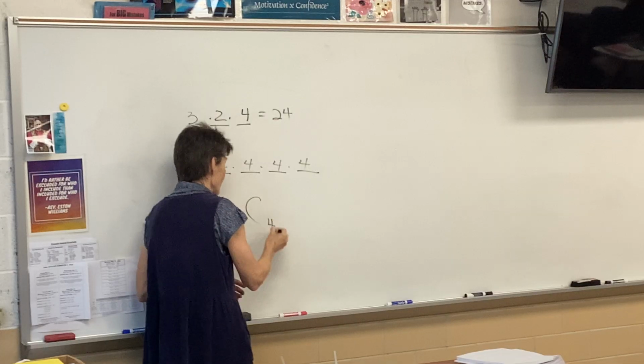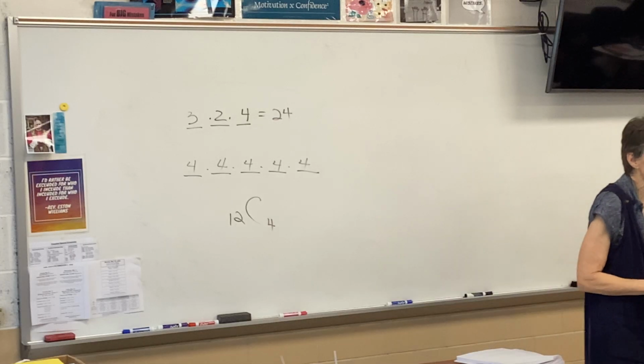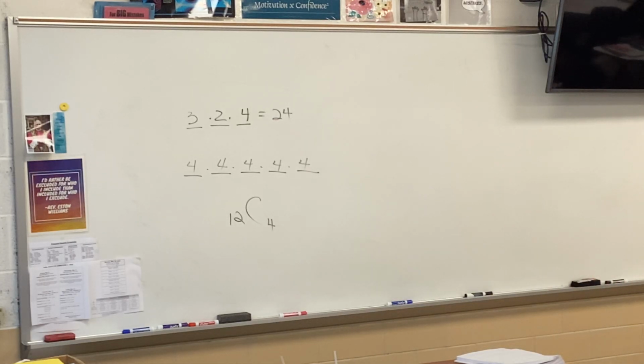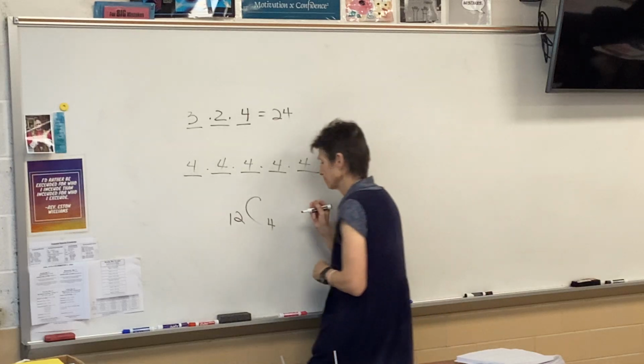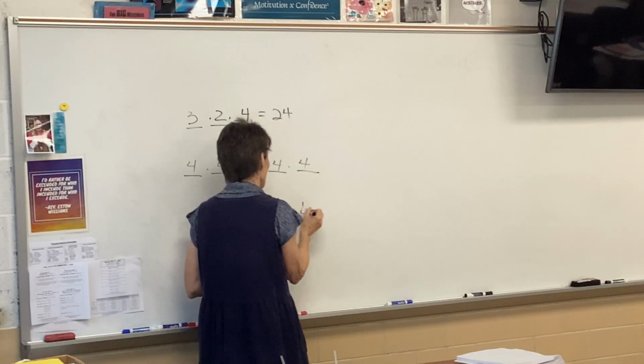Now, let's talk about that. Why is it a C, do you know? The order doesn't matter because the prizes are all the same. If the prizes are different, then it's a P. If the jobs are different, if you are picking for different things, different prizes, different jobs, different whatever, it's a P. But if the prizes are all the same, it's a C. Anybody know what 12C4 is? 495.